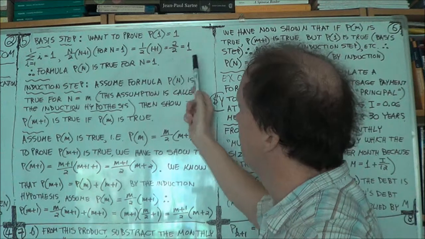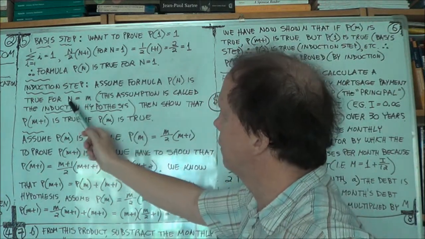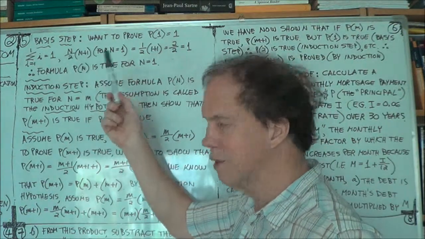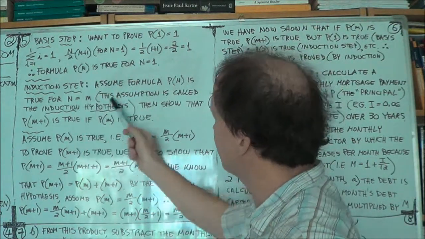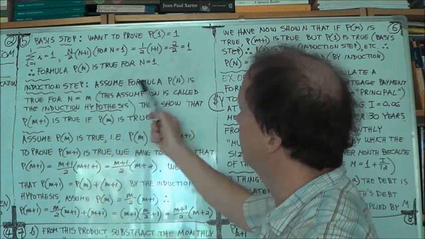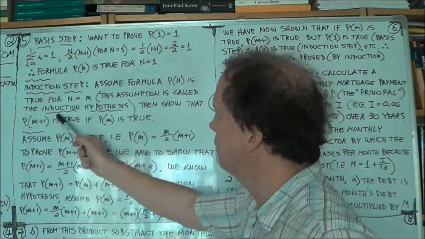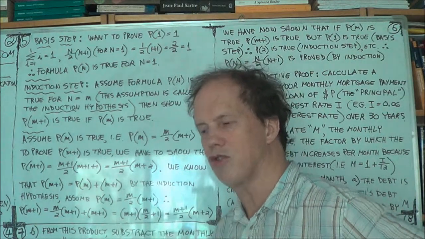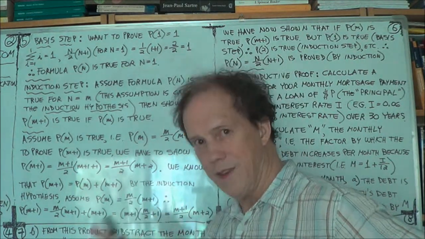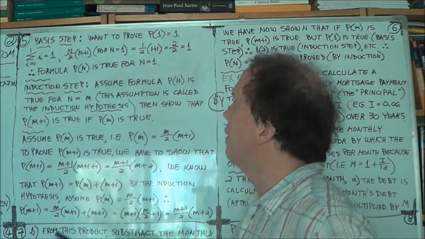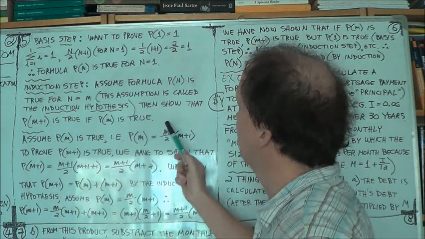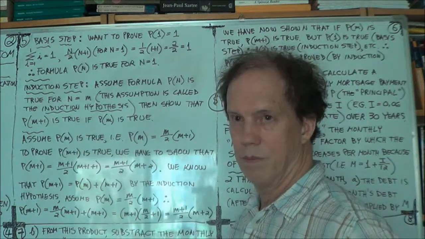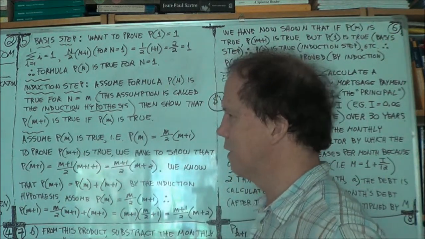Okay, now the second step, the induction step as it's called. You assume that the formula, this P of n here, is true when n is, let's say, m, some random positive integer. That assumption is called the induction hypothesis. You're assuming it's true. But if it's true, then you have to show that P of n plus 1 is true. That's your second step.